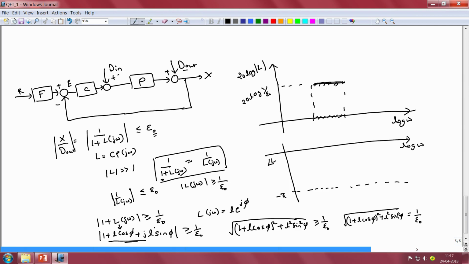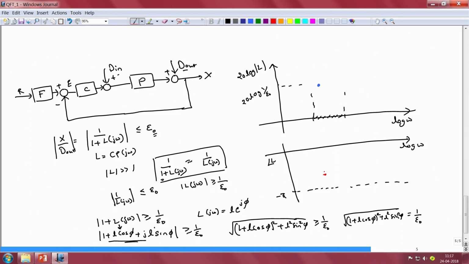Now, if you are given an equation of this kind, we note that for each particular value of phi there exists a particular value of small l that satisfies this equation. Hence, if epsilon naught happens to not be a very small number but a number that is comparable to unity, then for each particular value of phase, which I shall indicate by a dot here in the complex plane, there exists a certain magnitude which is indicated by the blue dot here, beyond which the performance specifications are met.